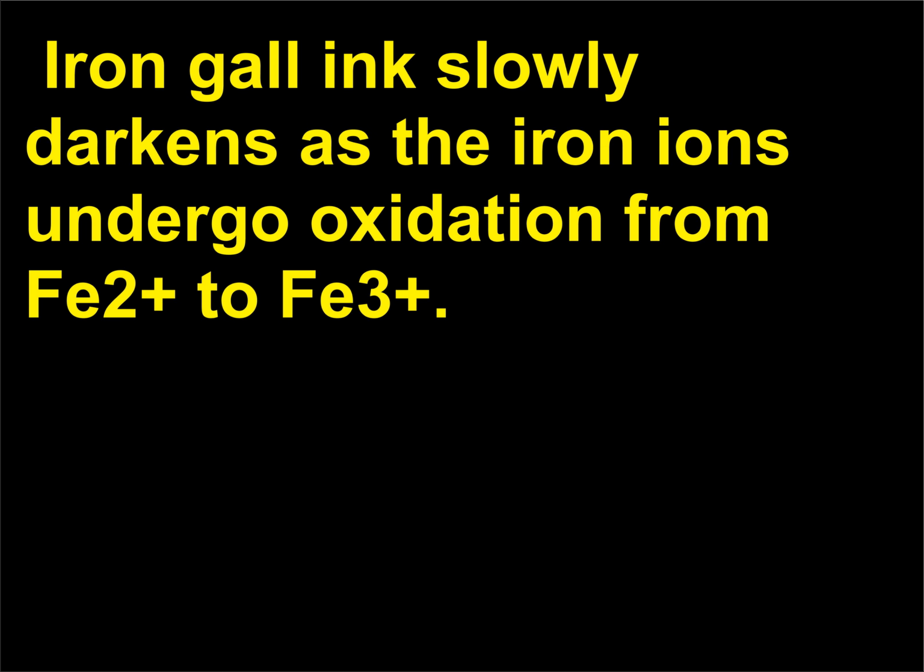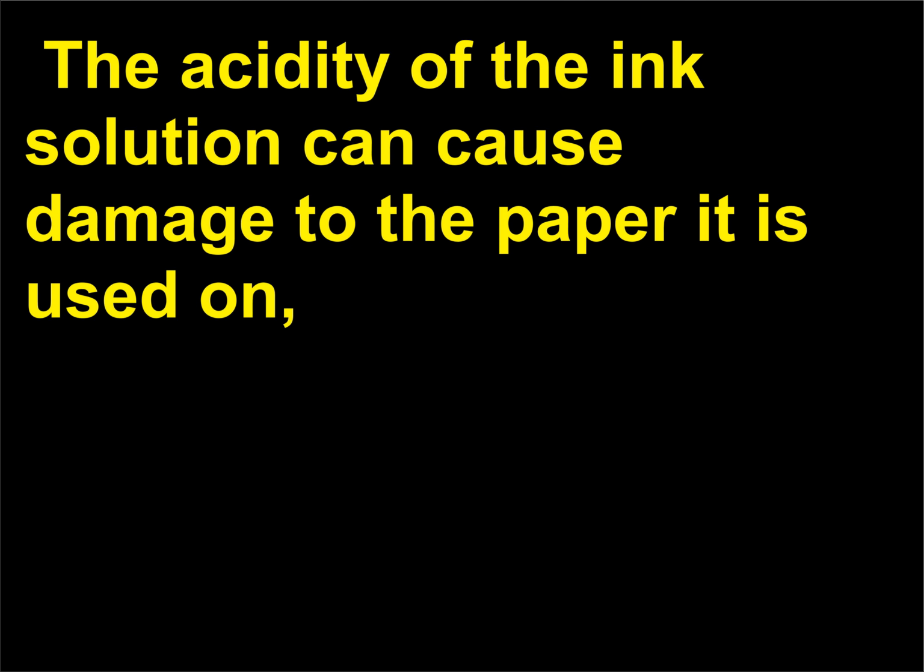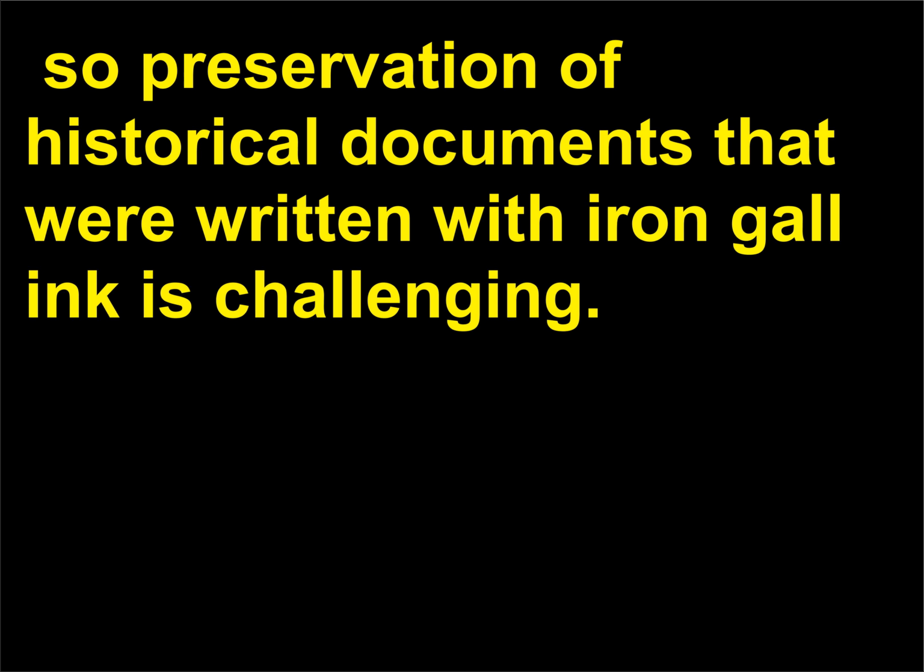Iron gall ink slowly darkens as the iron ions undergo oxidation from Fe2+ to Fe3+. The acidity of the ink solution can cause damage to the paper it is used on. So preservation of historical documents that were written with iron gall ink is challenging.